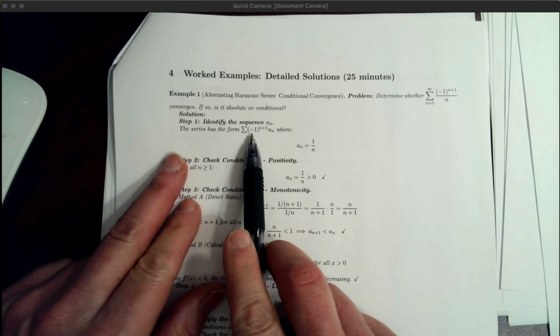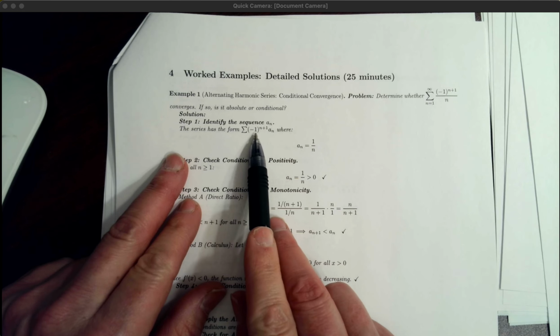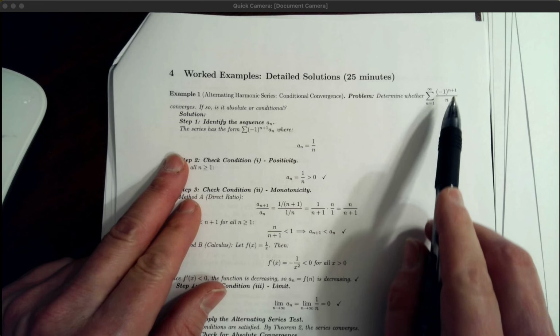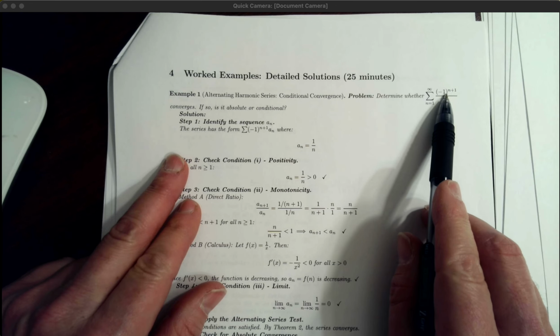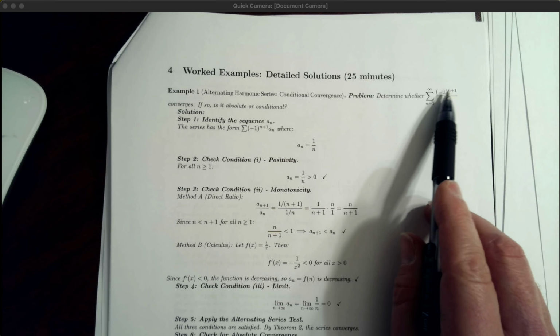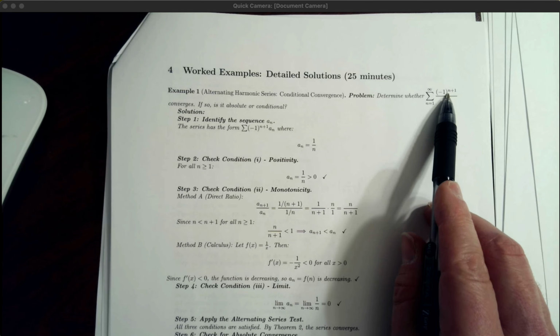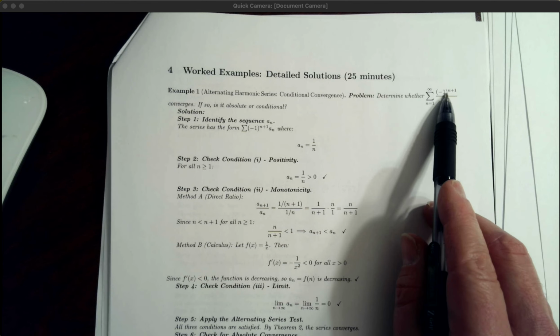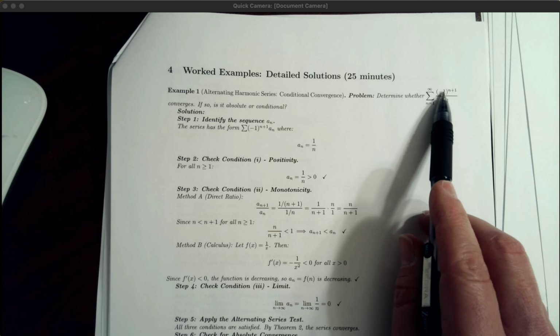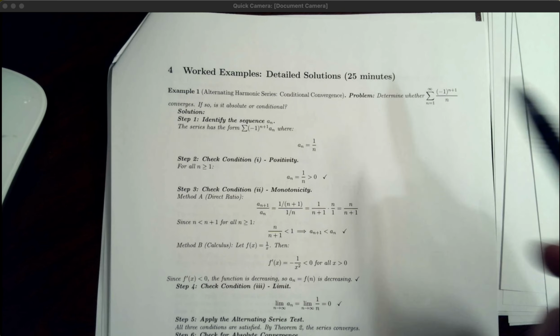So the series has the form (-1)^(n+1) a_n. So this is the negative sign, right? The oscillating minus sign. Sometimes it's positive, sometimes it's negative, depending on the value of n. If n plus 1 is even, then -1 to an even power is 1.